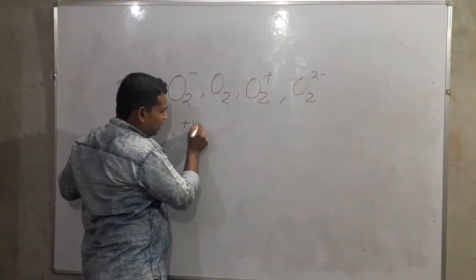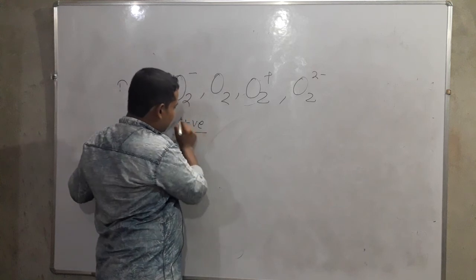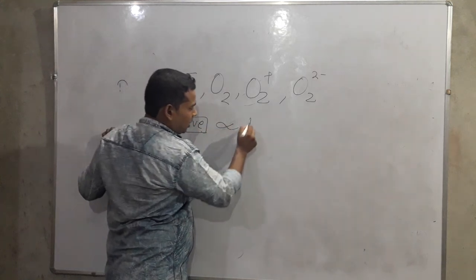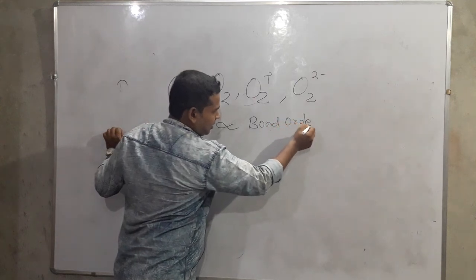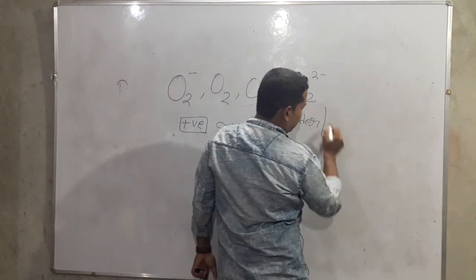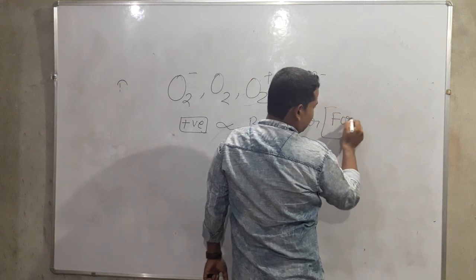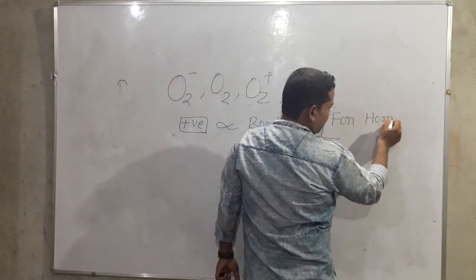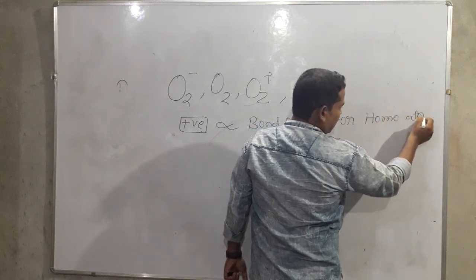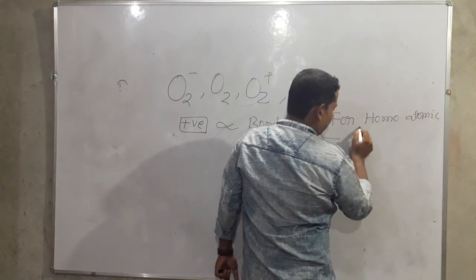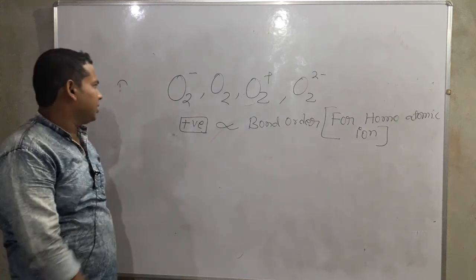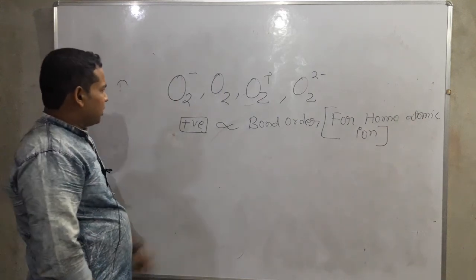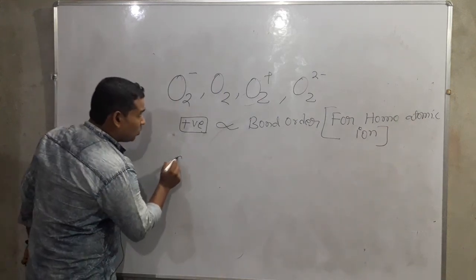Positive sign is directly proportional to the bond order. With what? For homoatomic ions. Clear?